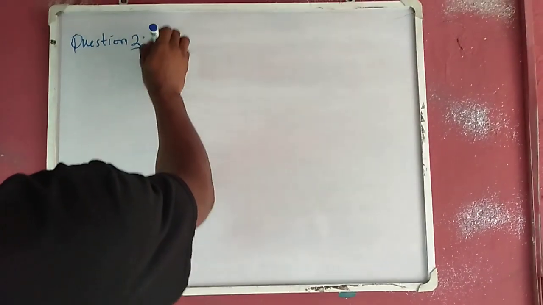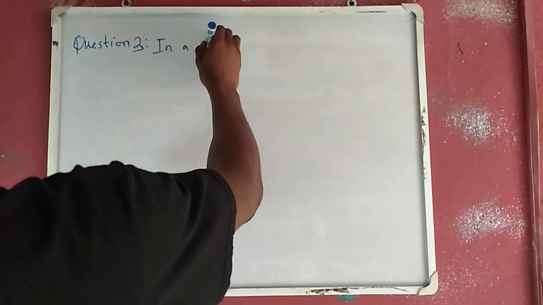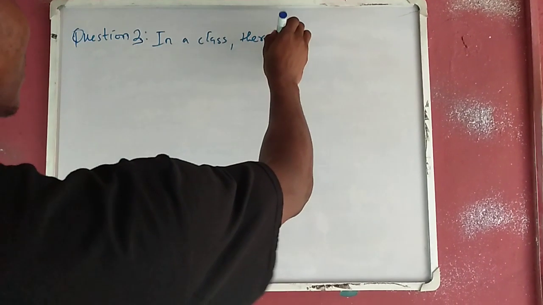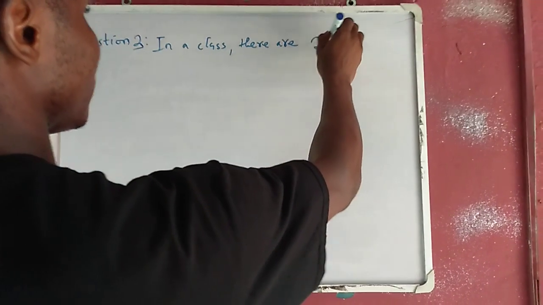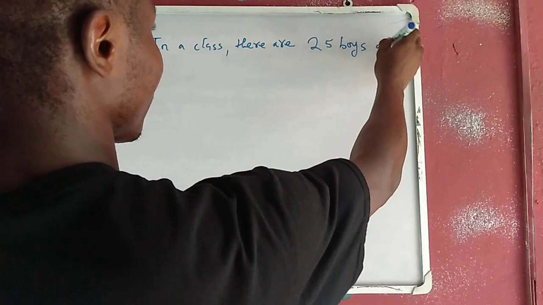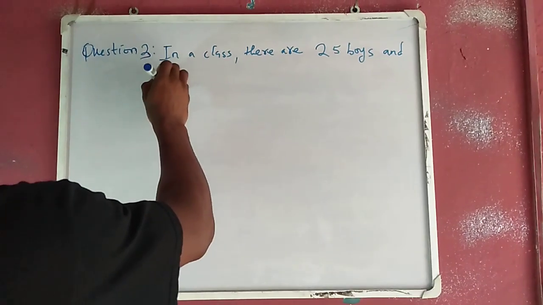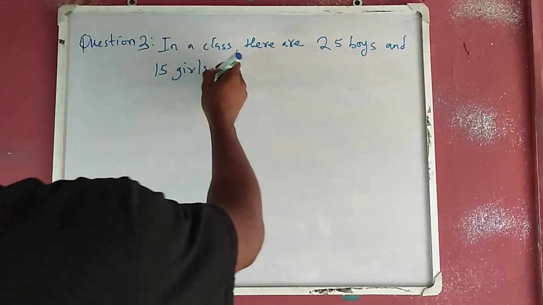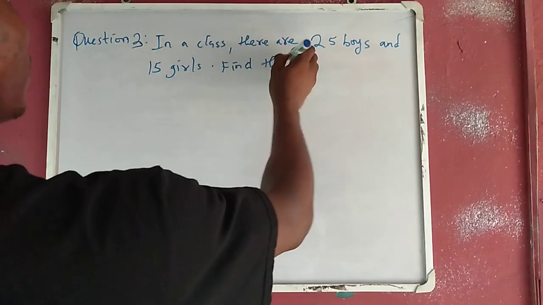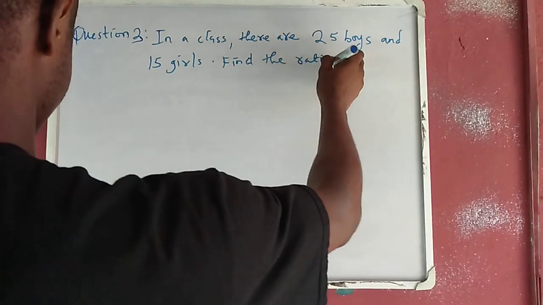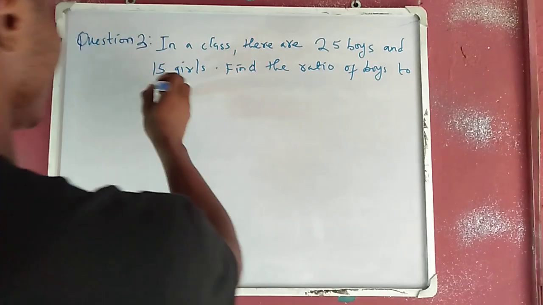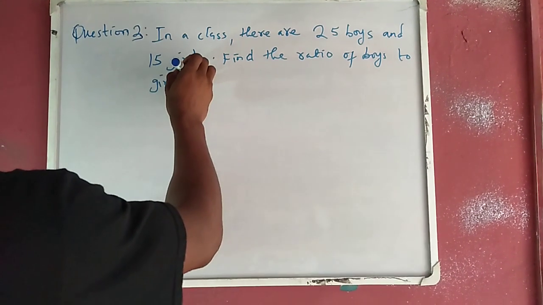They say, in a class, there are 25 boys and 15 girls. Find the ratio of boys to girls.